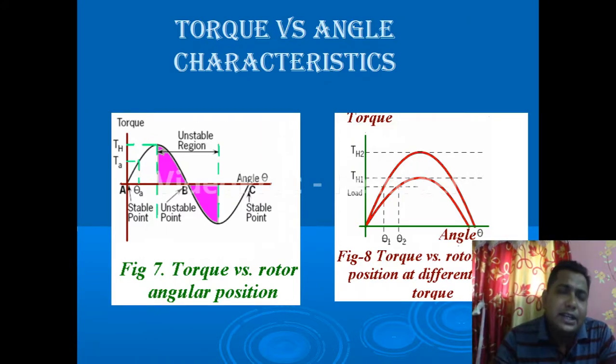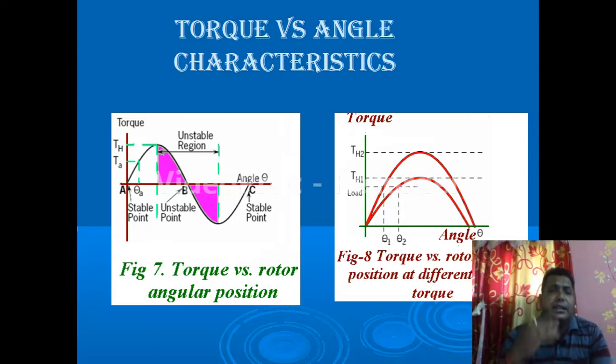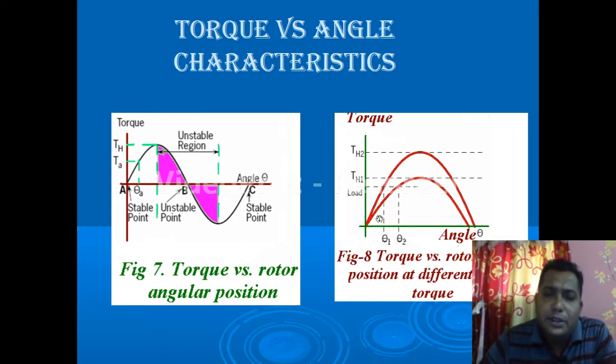After a certain point it decreases again and goes to 0. If we increase the angle further, it increases in the negative direction up to the negative maximum. In this way, with the change of angle, the torque changes. And again as we can see over here, this is holding torque 1, and this is holding torque 2.